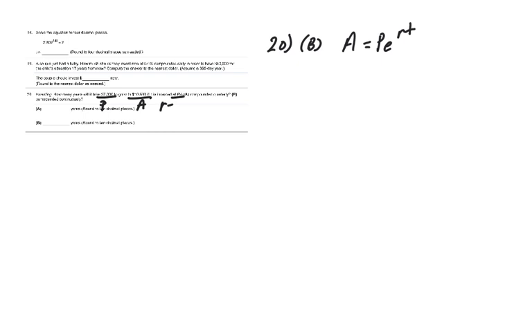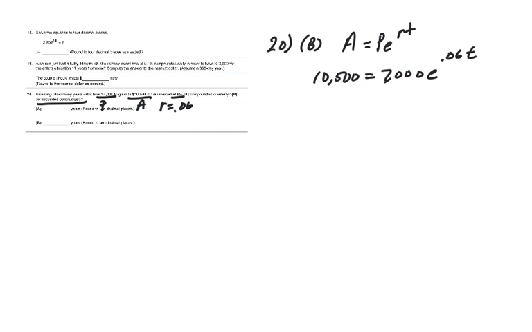Our rate, 6%, is 0.06. Compounded continuously, we'll use the formula shown here. And so we have 10,500 equals 7,000 e to the 0.06t.